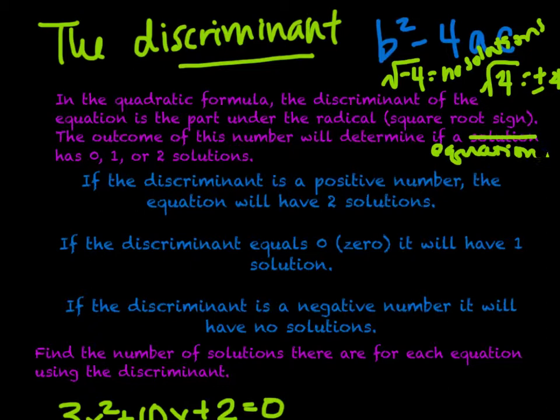Not equations, equation. All right, so we can decide if there's 0, 1, or 2 solutions here. If the discriminant is a positive number, the equation will have 2 solutions. If the discriminant equals 0, it will have 1 solution, and if the discriminant is a negative number, it'll have no solutions. So there's 3 different planes of thought on this one.